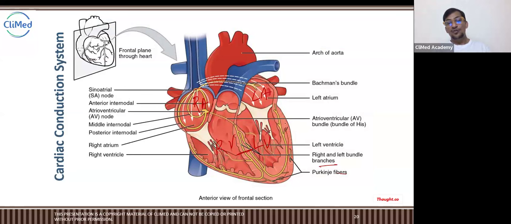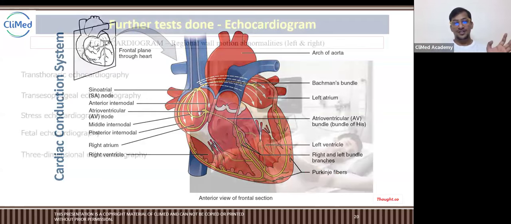It goes to the wall of the heart, where it again divides into small branches called Purkinje fibers. That's how the impulses run in the heart and control its contraction and relaxation, and that leads to the heartbeat and the functions of the heart. So let's not discuss this here.